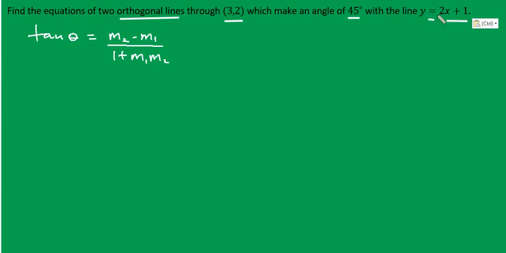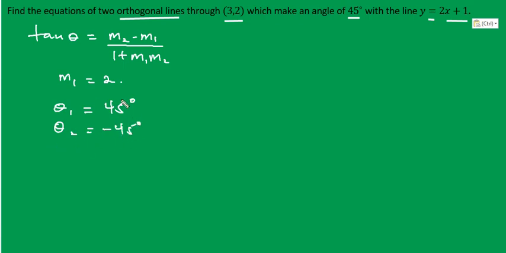So when we look at this line, let me call this given line, line 1. So the gradient m1 is 2, and when two lines are meeting a particular line at the same angle, it implies that one line will meet it at 45 degrees and the other will meet it at negative 45 degrees.